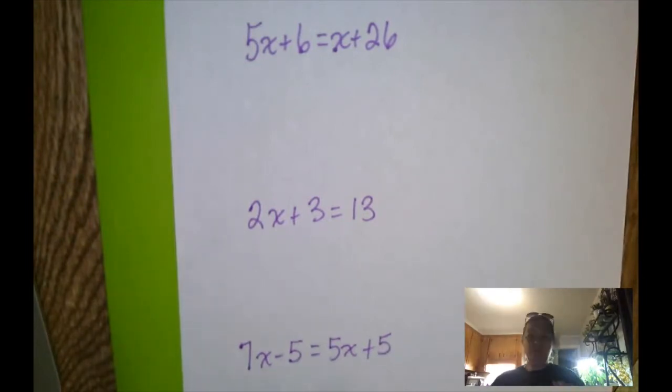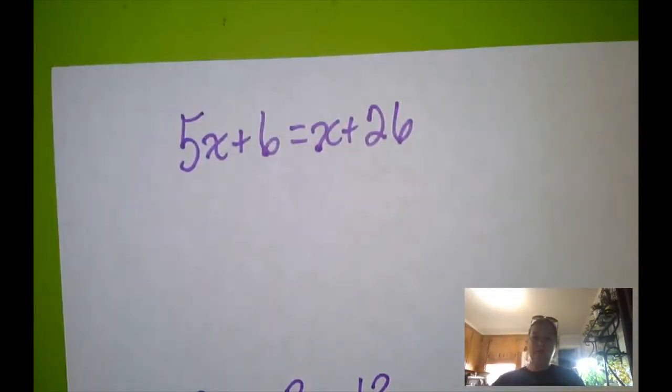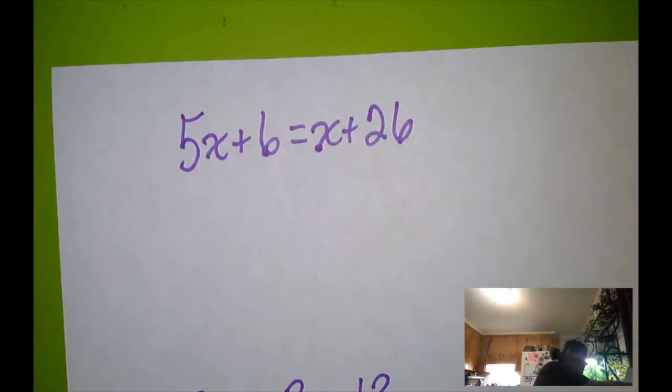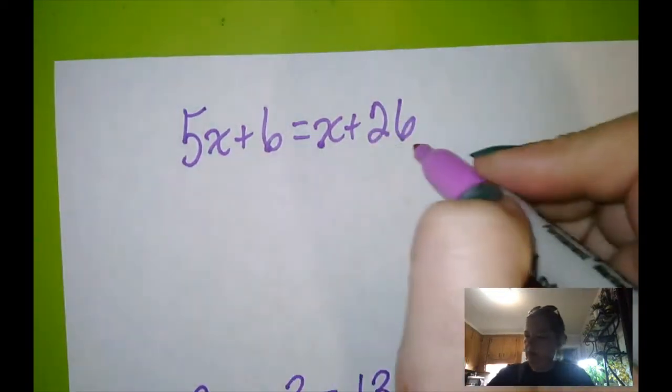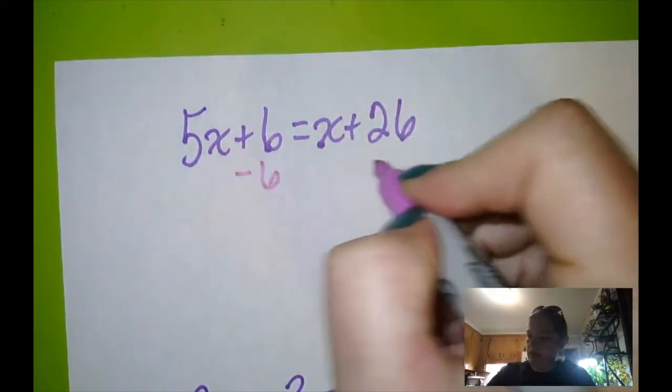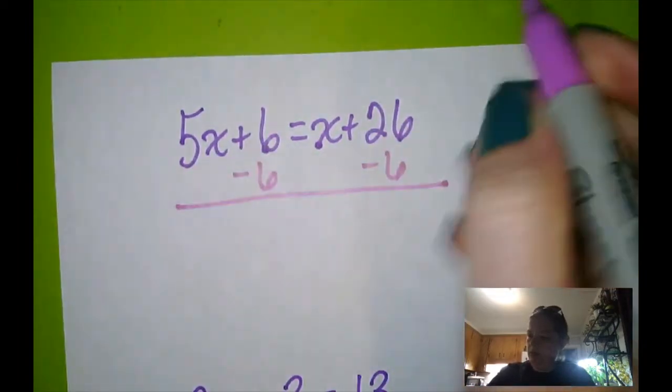Alright, and I'm going to start in 5, 4, 3, 2, 1. I'll start with the first one here. So 5x plus 6 equals x plus 26. I'm going to change pens. Let's see. I'm going to take away 6 from both sides.